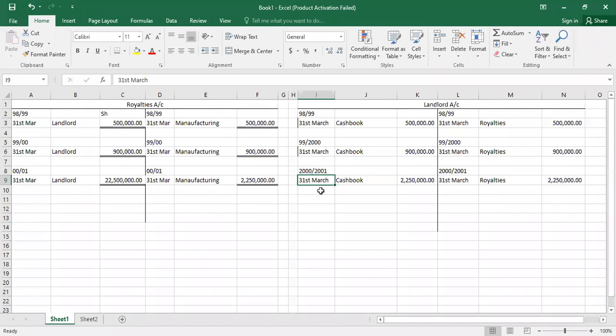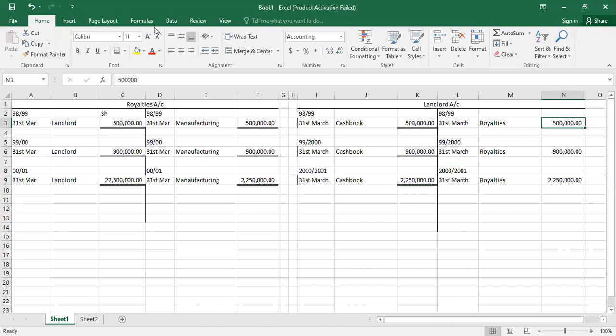That was the first or the introductory entry. Then the one that follows is when you actually pay. When you are making the payment, you debit the landlords, you credit the cash book. And then the last transaction is when you are closing your books of account. So there we are.